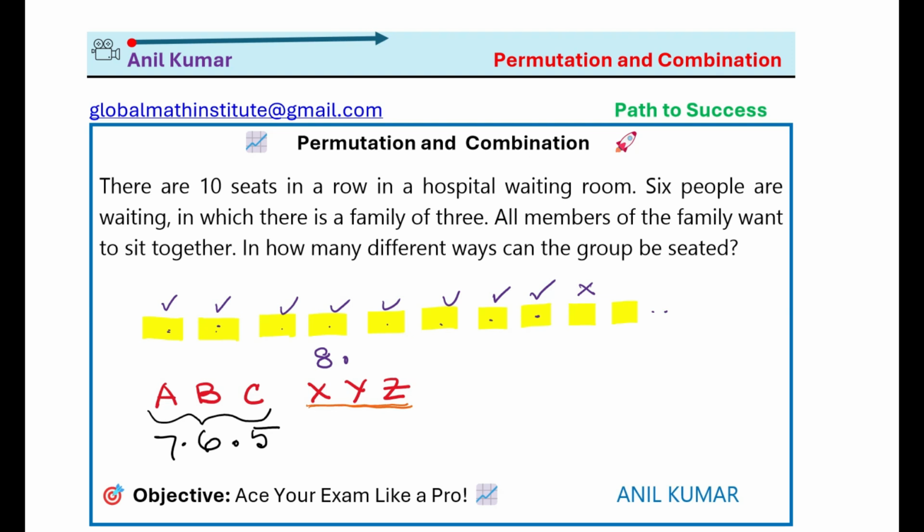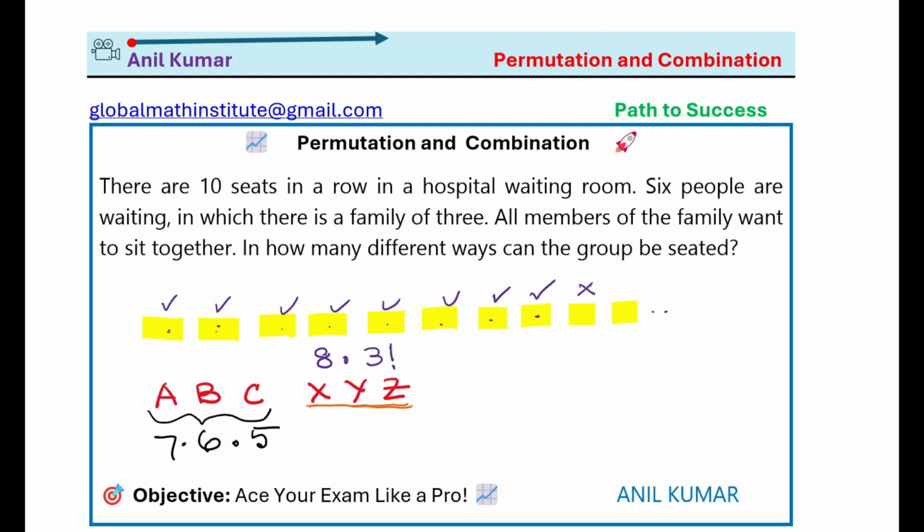So 6 combinations within themselves, which is 3 factorial. So this is the total number of possible ways in which these 6 people can be seated, with the constraint that the family is together. I hope it makes sense.